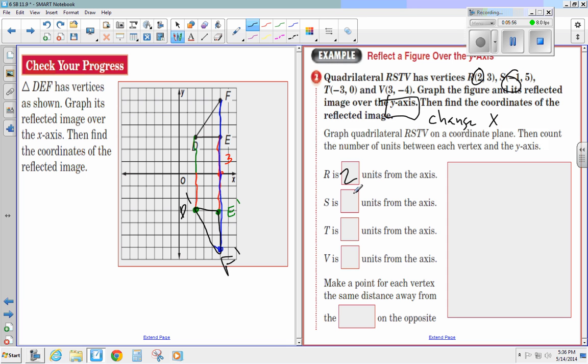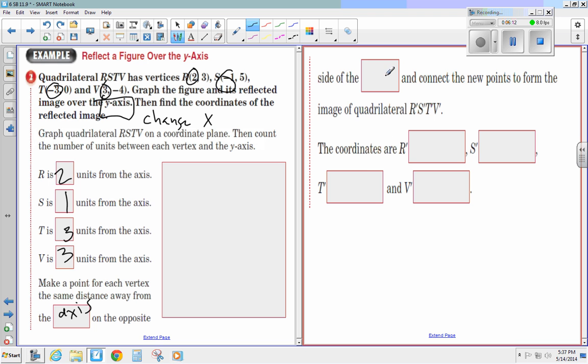S is 1 unit. T is 3 units. And V is 3 units. So you're going to make a point for each vertex the same distance away from the axis on the opposite side of the axis.